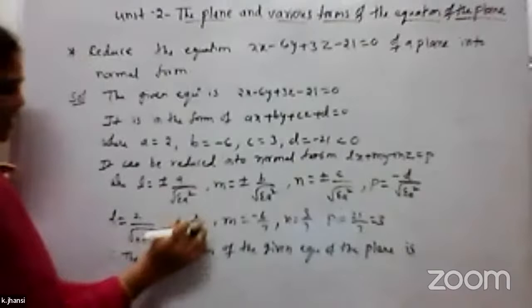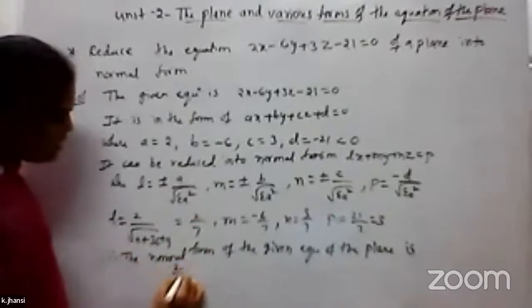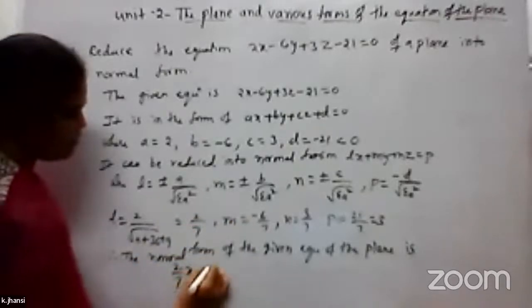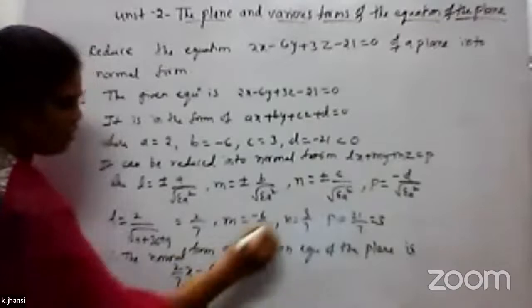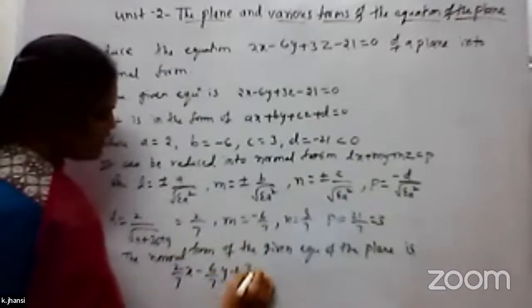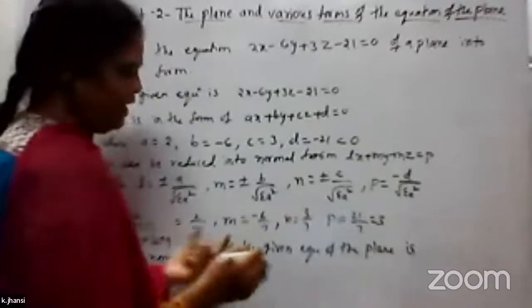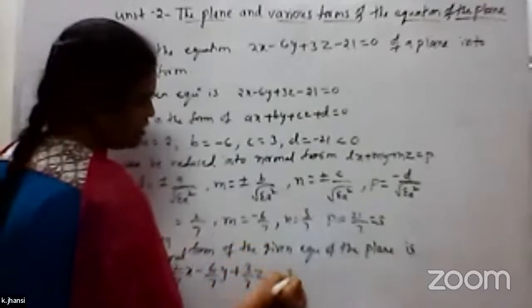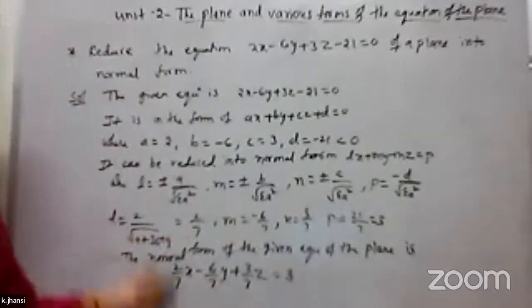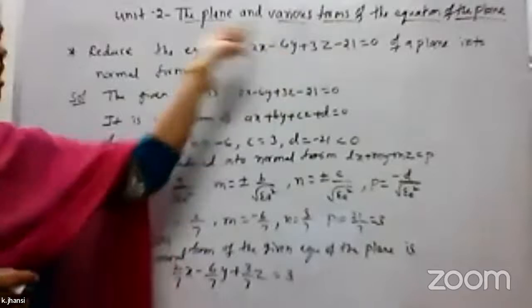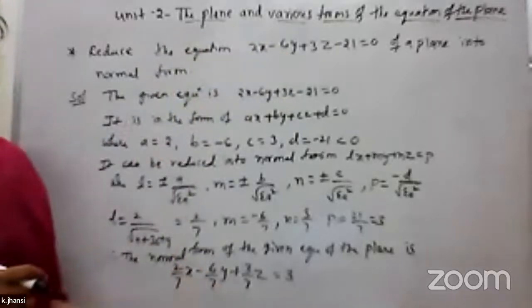So now what is our l? l is 2 by 7 into x, and m is minus 6 by 7 into y plus 3 by 7 into z, and we need p, no? It is equal to 3. Okay, so this is how the equation of the general form is converted into normal form.